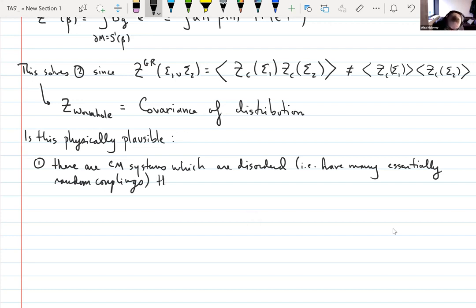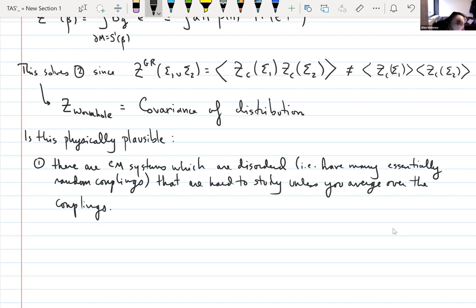And such systems are typically very hard to study, unless you average over these couplings. So the typical example of such a system would be a spin glass. Okay. Now, what is a spin glass? A spin glass is an actual chunk of material with a Hilbert space and a Hamiltonian that is a normal quantum system. But the problem is that we don't know how to study that quantum system.